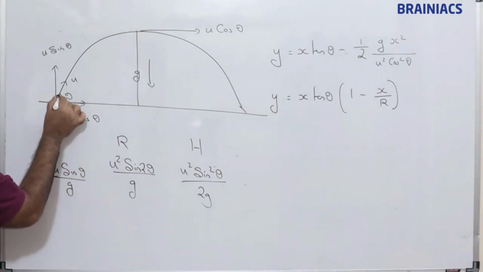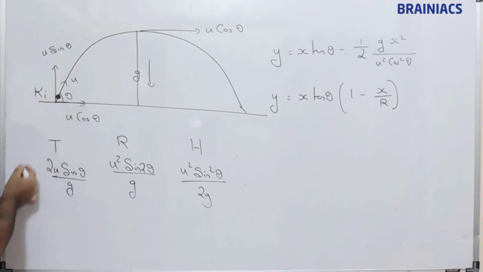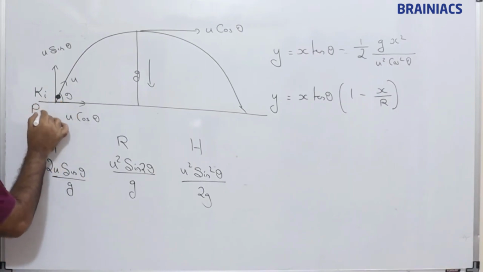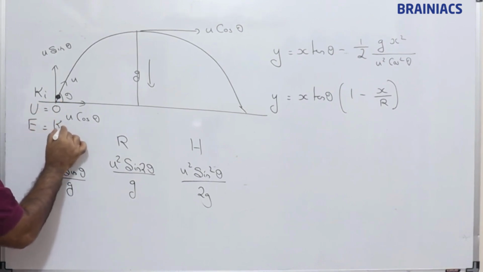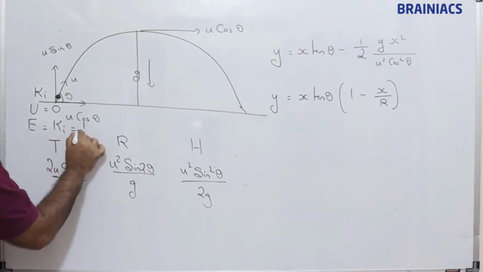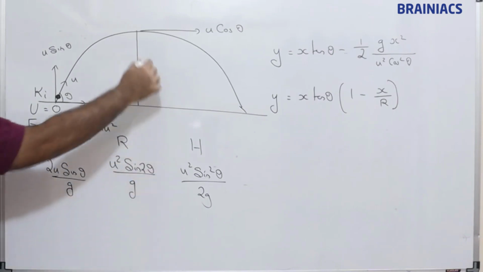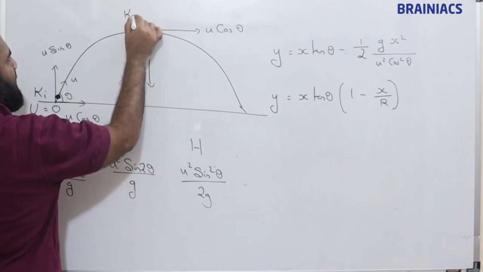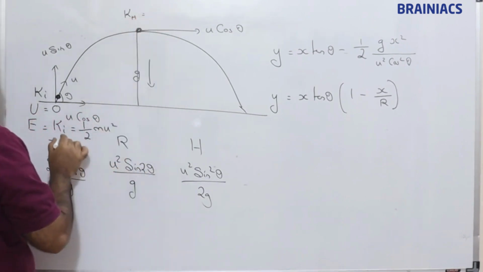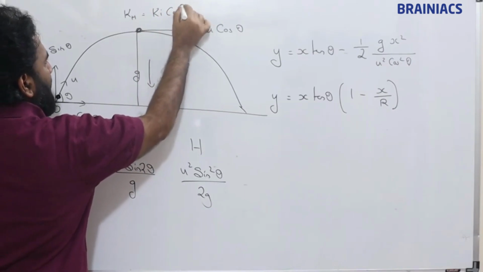Suppose here, kinetic energy initial. Here potential energy is 0, so total energy is nothing but the initial kinetic energy, which can be written as half m u square. At the topmost point, we have already seen, kinetic energy at maximum height is nothing but Ki cos square theta.